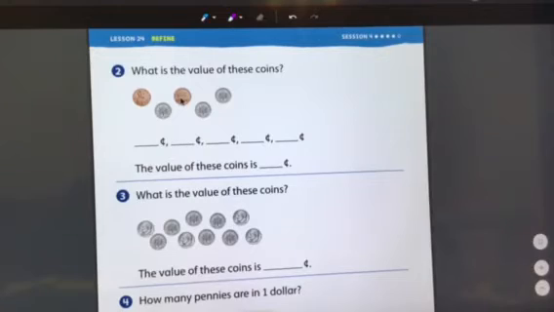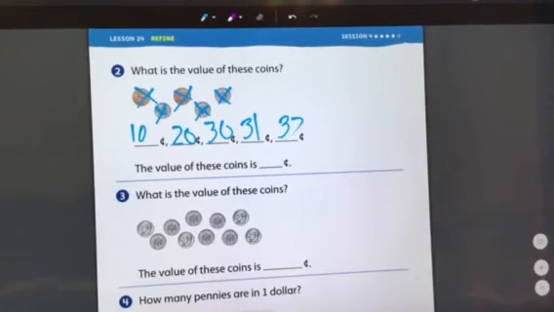So we're going to cross and count, just like we did yesterday. So 10, and then I'm going to write 10. 20, 30, 31, 32. So 3 dimes and 2 pennies. The value of these coins is 32 cents.